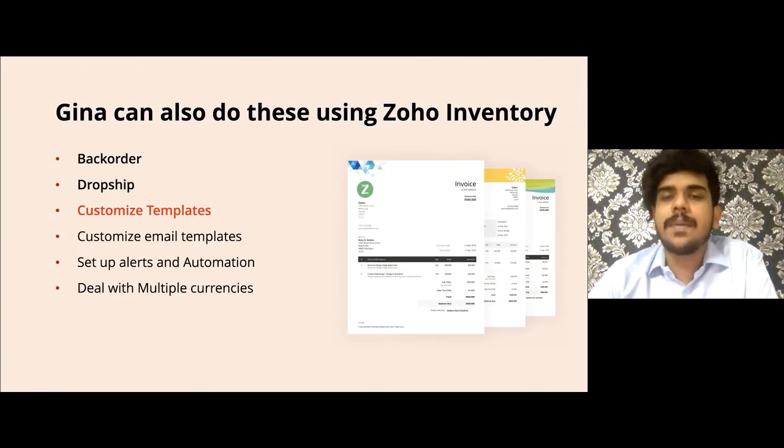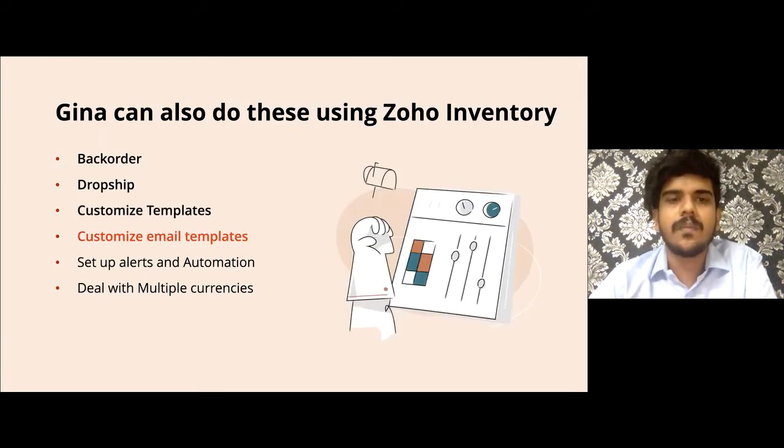There is also a customized templates option within Zoho Inventory. So we would have seen that there are a lot of transactions that you can create within the application. So you're able to create purchase orders, sales orders, bills, invoices. If you want to customize the look and feel of these transaction templates, you can do that. You can also customize the email templates.